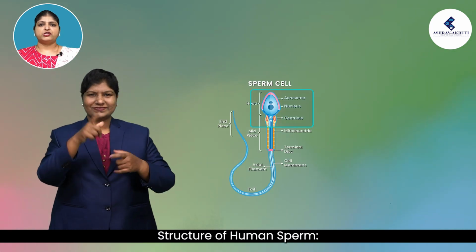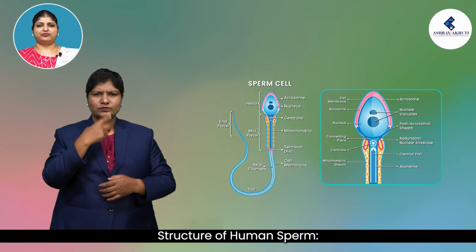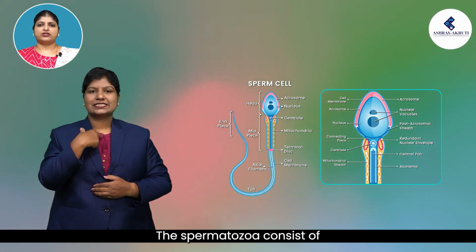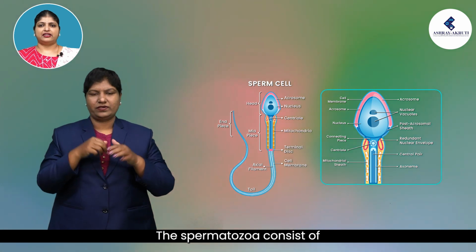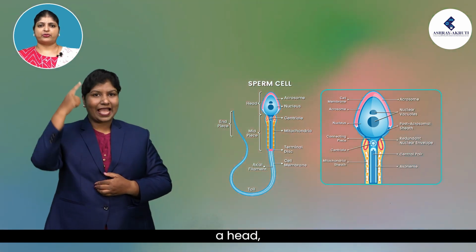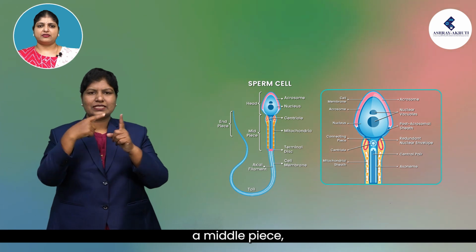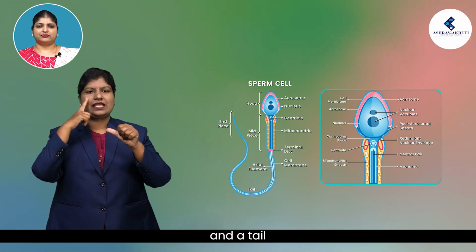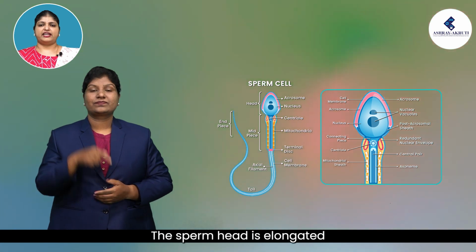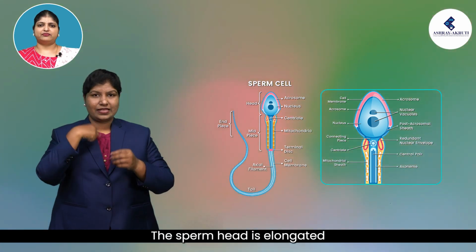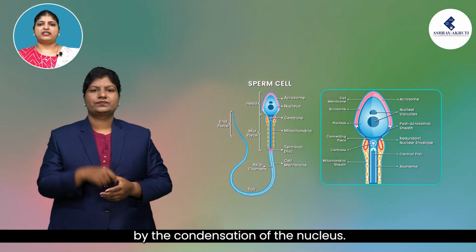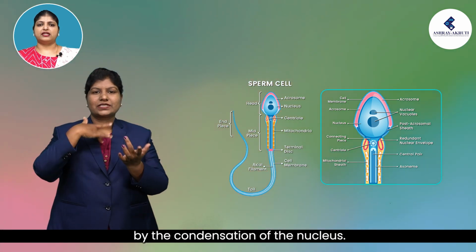Structure of human sperm. The spermatozoa consists of a head, a middle piece, and a tail. The sperm head is elongated and formed by the condensation of the nucleus.